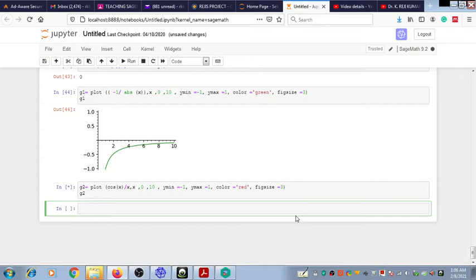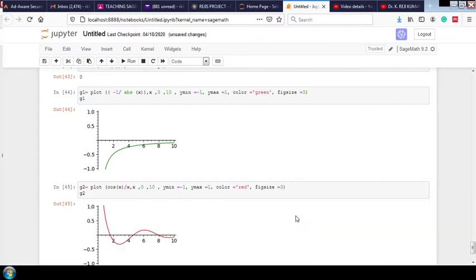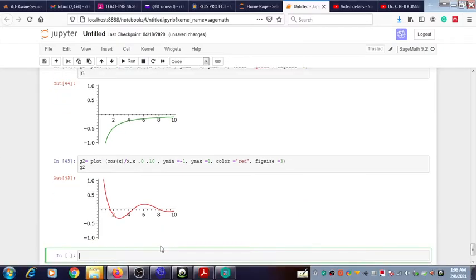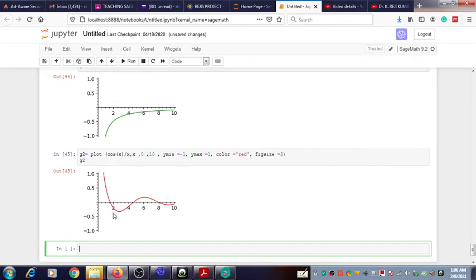We have to wait. First it has to calculate the values, and then the system will take time to draw the figure. You can see in red color the curve corresponding to the function cos x divided by x. Cos x by x is displayed here.